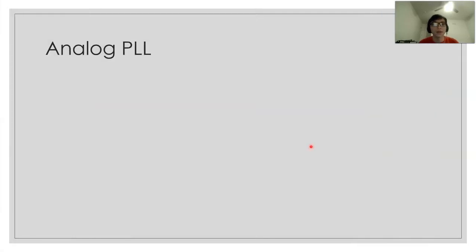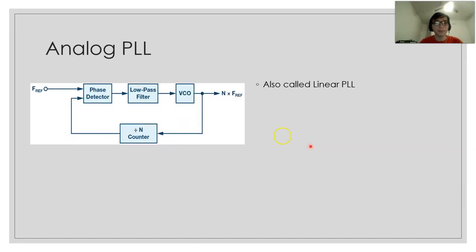Next, we can go with the conventional phase lock loop design, which is the analog phase lock loop. It is also called linear phase lock loop because in this design, the relationship between input and output is mostly linear.